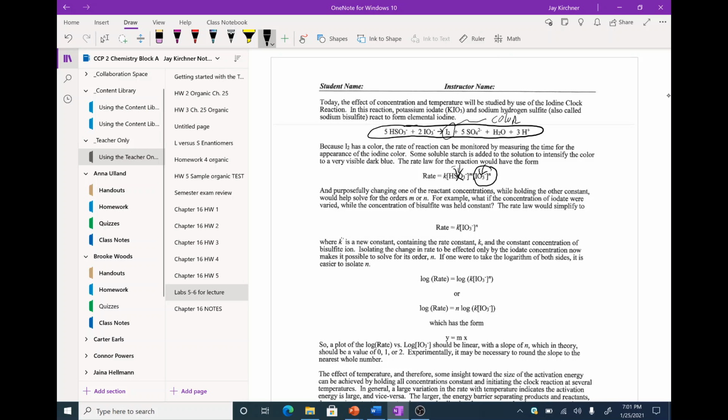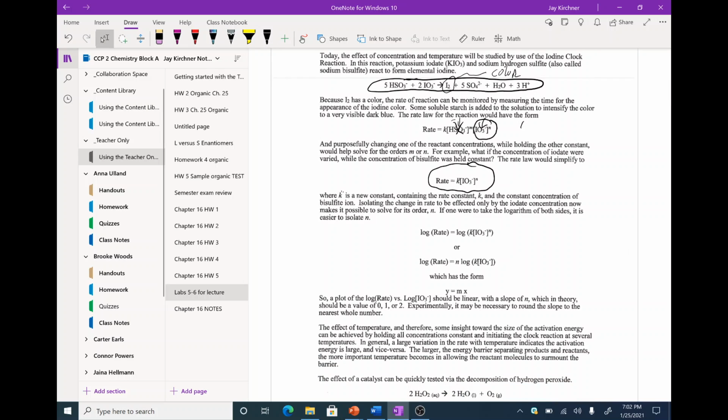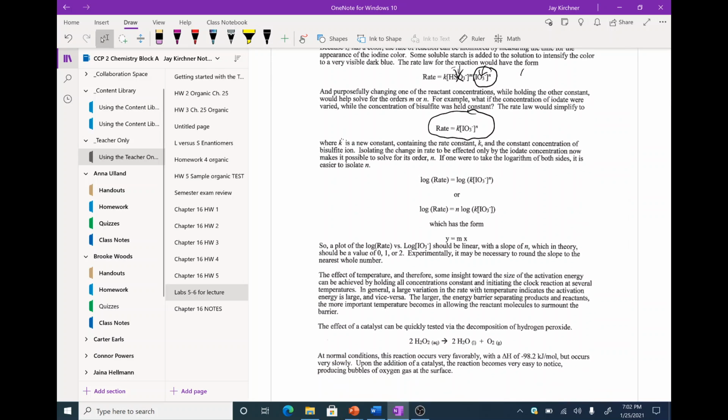Well, if that's the case, then our exponent is 1. If we double the concentration of iodate and it goes up 4-fold, then it's 2. If we double it and it goes up 8-fold, then it's 3, and so on and so forth. So we're actually trying to find this exponent. We're going to vary the amount of iodate in the reaction, so it's really important to find the concentration of iodate when we put our reactions together and then measure the rate.